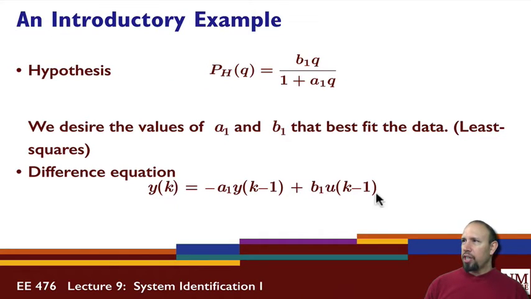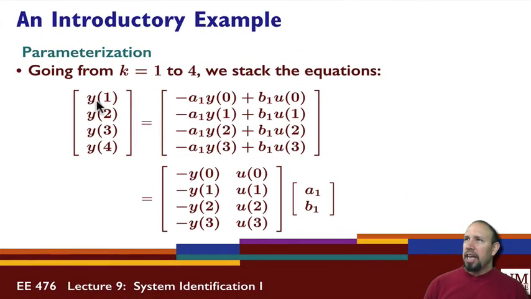Again, this is the difference equation where I let k equal 1, 2, 3, and 4, and I stack the equations together. Notice a1 always appears in this column, and b1 always appears in this column. We can factor that out, so I have this matrix times this column giving this vector. A1 multiplies the elements in this column, and B1 multiplies the elements in that column.